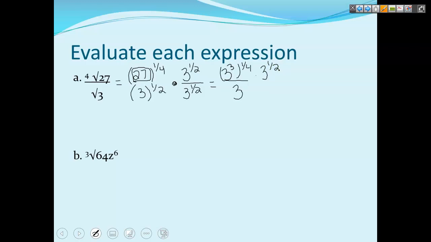A power to a power gets multiplied. Now the bottom numbers match. They're both 3s, so we can add the fractions. So 3/4, and 1/2 is the same as 2/4.